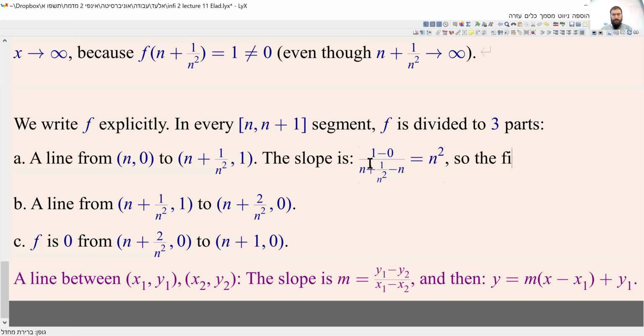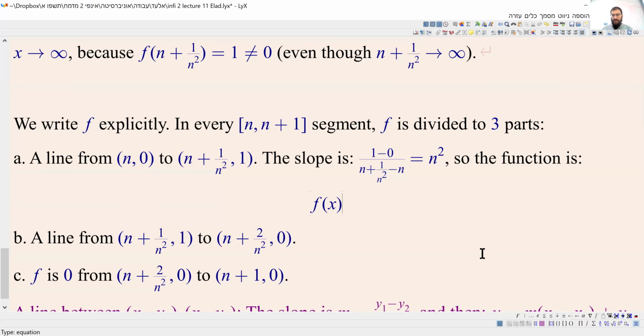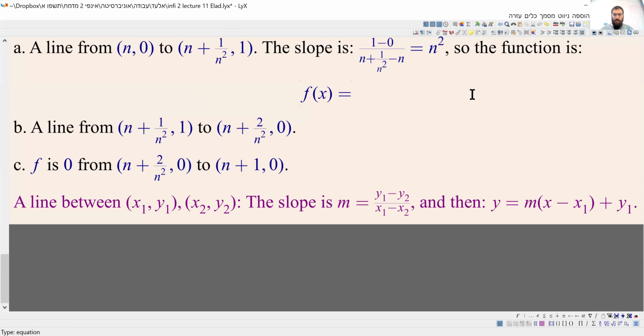So the function is f(x) is the slope, which is n squared, multiplied by x minus 0 plus n. Yeah, I used this point. Always use the point with 0. So we have n squared multiplied by x plus n. This is the first part of the function.